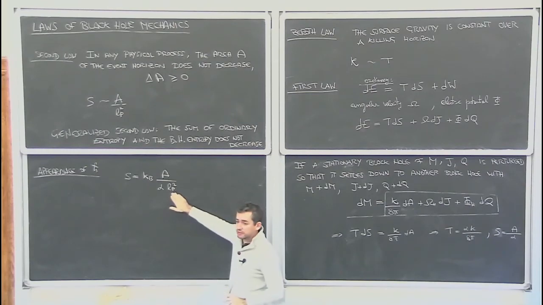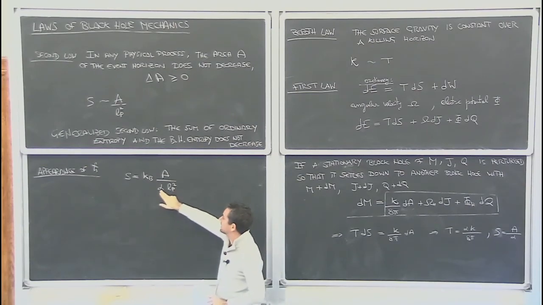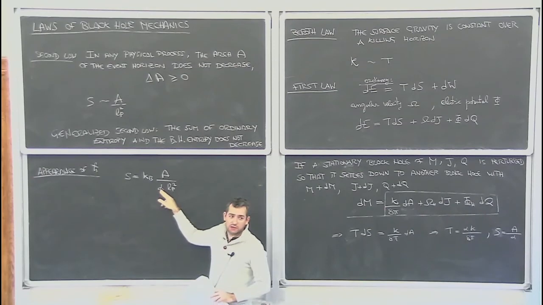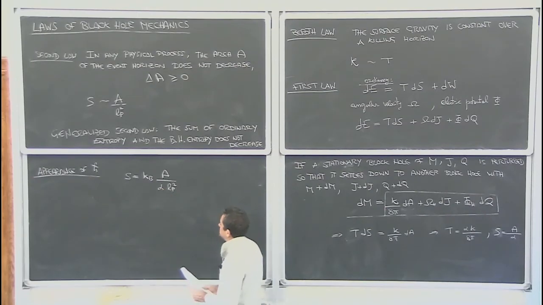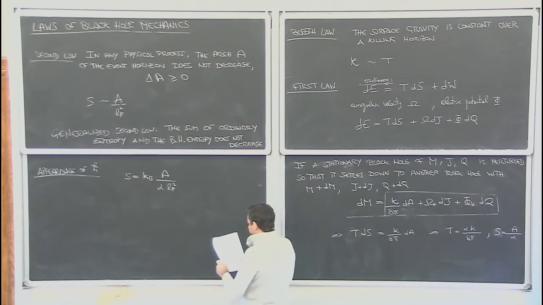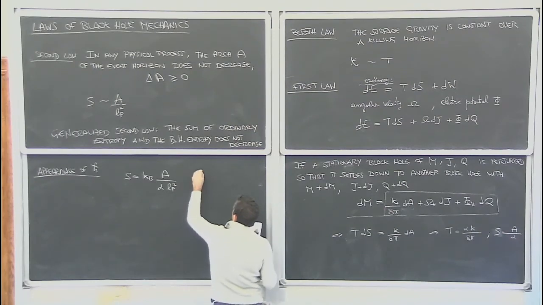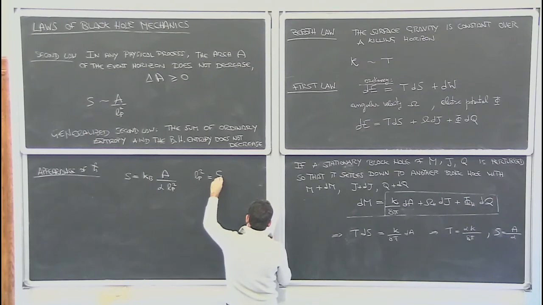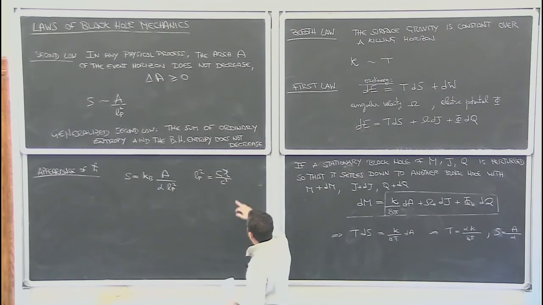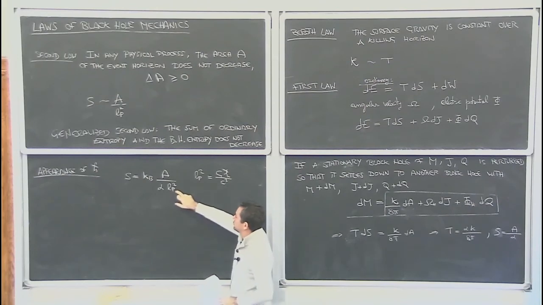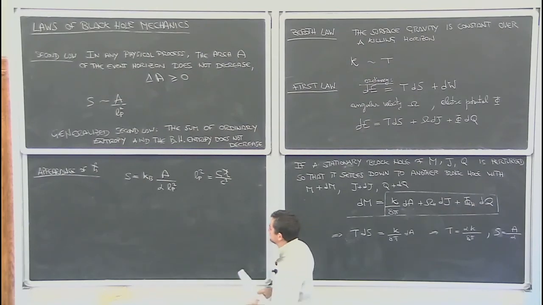We need to add the Planck length squared, and this alpha is the unknown coefficient that will be fixed tomorrow. For now, it's an unknown coefficient. And since L_P squared is G hbar over c cubed, you introduce an hbar there by hand.